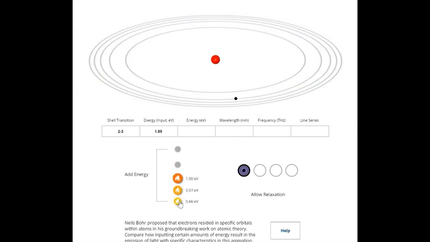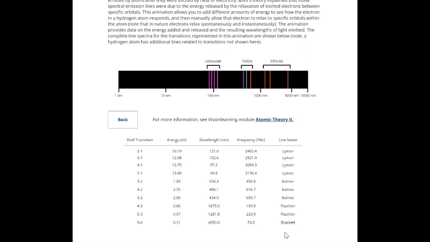If the electron jumps from fifth to the first orbit, again the energy produced will be of the wavelength 94.9 nanometer. So in all the cases you saw this wavelength was approximately close to 100 nanometer.